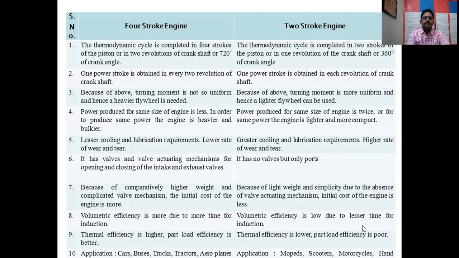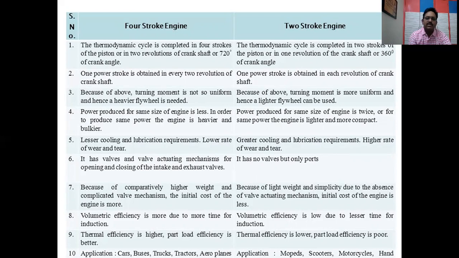And also, thermal efficiency is more for the 4-stroke engine, because sufficient time will be there to burn. And also here, some of the fresh charge will be mixed with the exhaust and it will go out. Therefore, thermal efficiency will be less in case of a 2-stroke.